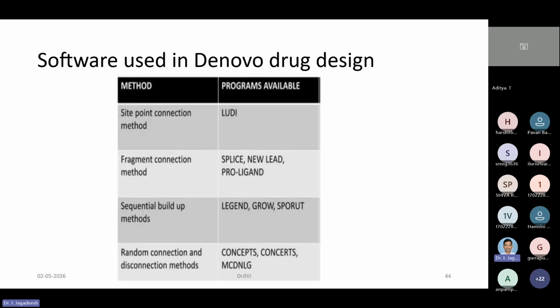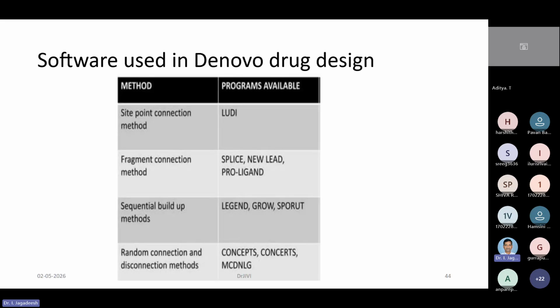Now coming to the softwares used in de novo drug design. Site point connection methods: we are having linkers, which we have already seen in fragment design, and LUDI is used. For fragment connection methods, we have Splice, NewLead and ProLigand.